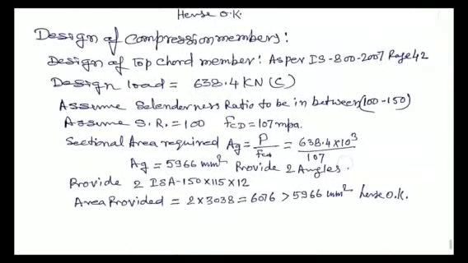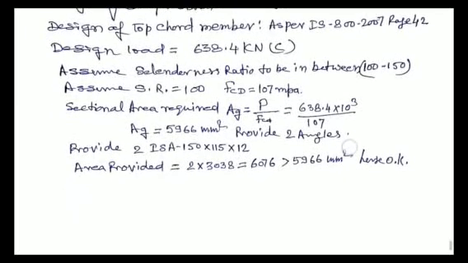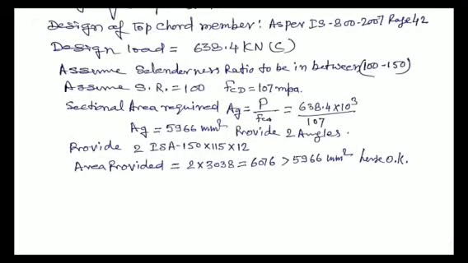Now design of compression member. So in designing of compression member, you have to refer to the IS code IS 800 2007 from page number 42. So design load is 638.4, the maximum compressive load, as we have seen earlier. But we have to assume that slenderness ratio should lie between 100 to 150.